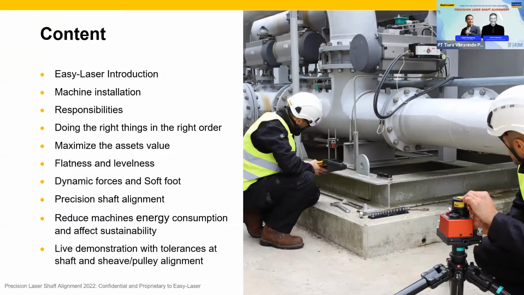So very basic, of course, reducing machine energy consumption and affecting the sustainability, so improving the carbon footprint. And then we have a small live demonstration followed by some question and answers if you may have.